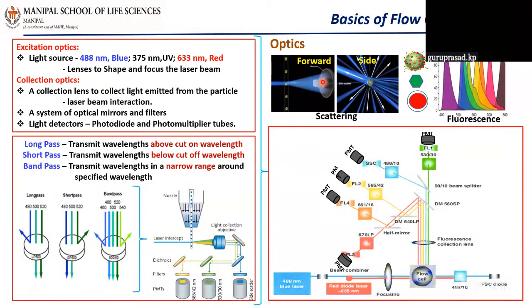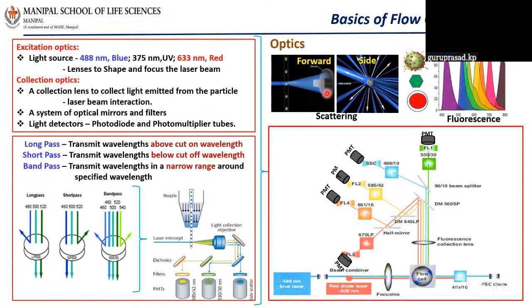That scattered light is taken forward, and this light is called forward scatter, which generally tells the size and shape of the cell.